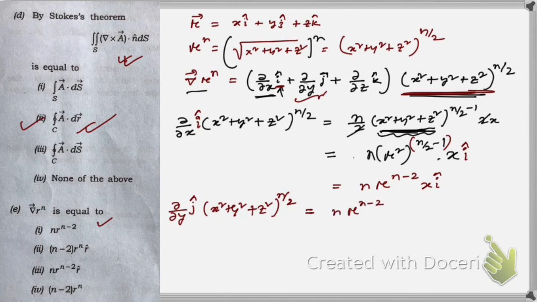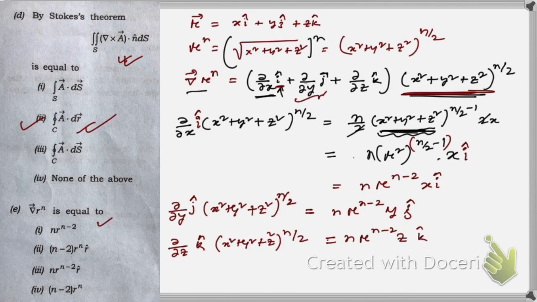So here we are differentiating with respect to y, so here y j cap, that's what we're gonna get. Similarly del z, so for k cap here x square plus y square plus z square whole to the power n by 2, right? That's going to be equal to n r to the power n minus 2. So here we should get z k cap, that's what we're going to get.